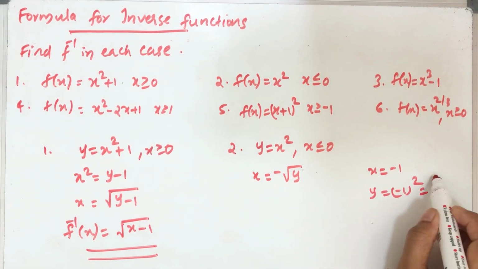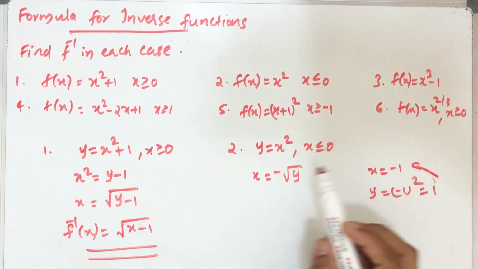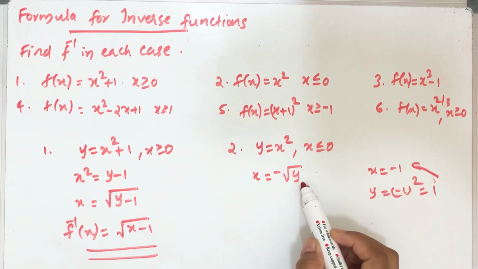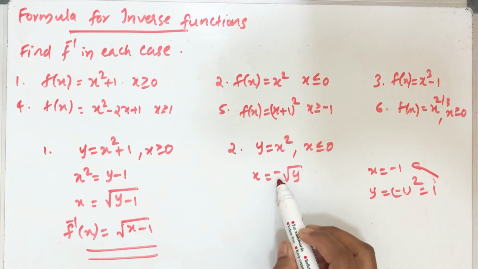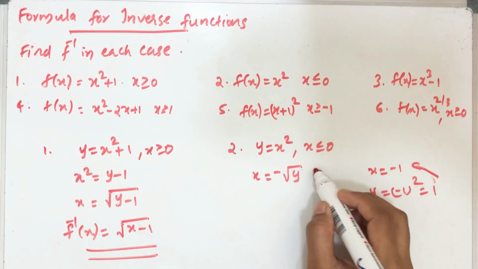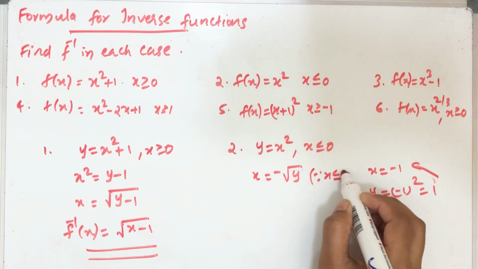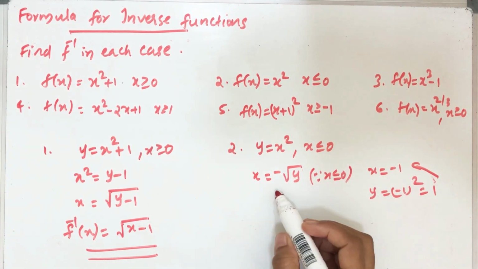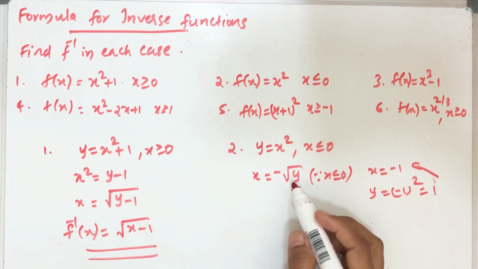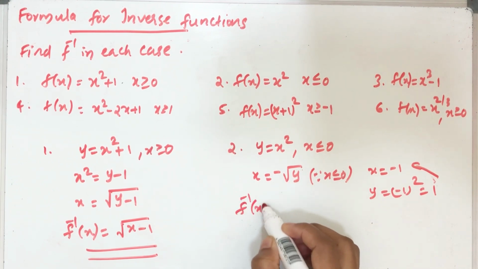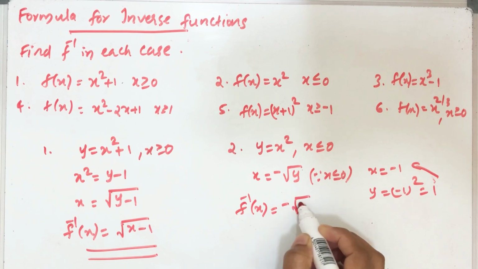So we have to map 1 to minus 1. If we simply write root y, then if y equal to 1, we will just get 1 only. We need minus 1. So we can write like this, since x is less than or equal to 0. Next step is interchange x and y. So f inverse of x we can write as minus root x.